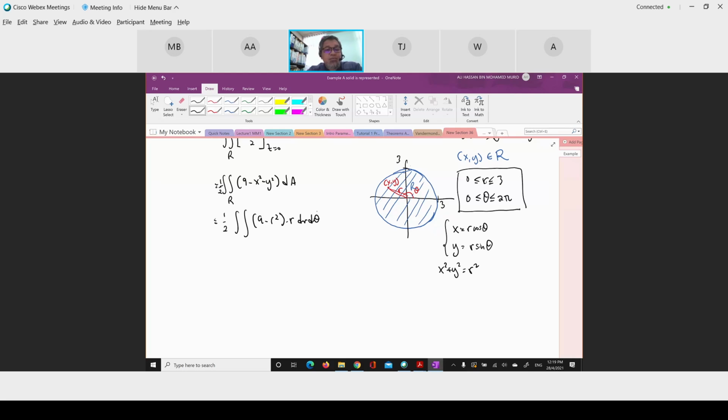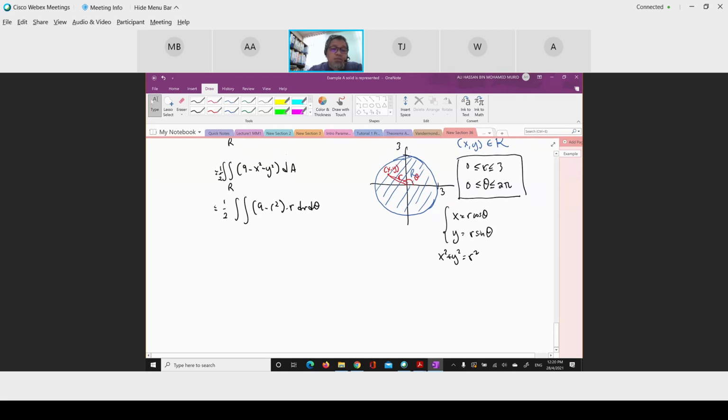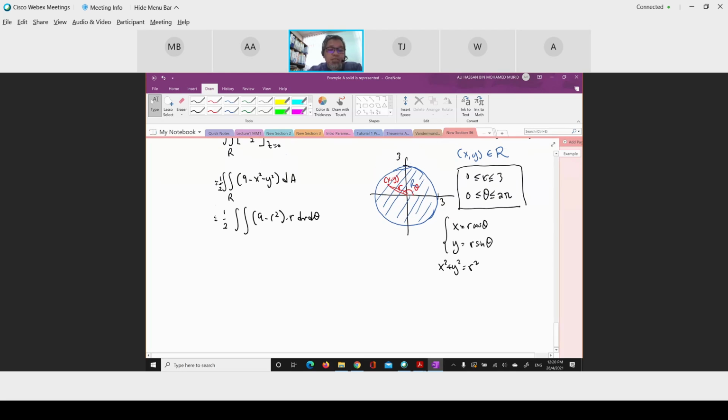Sometimes students forget that r when doing the conversion from Cartesian coordinates to polar coordinates. So in this order, the inner integral is with respect to r, where r is between 0 and 3, and the outer integral is with respect to theta, where theta is between 0 and pi.